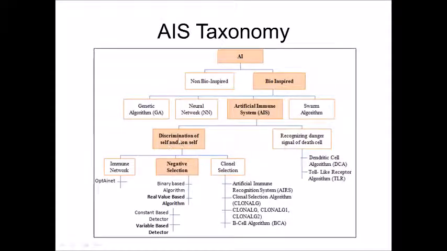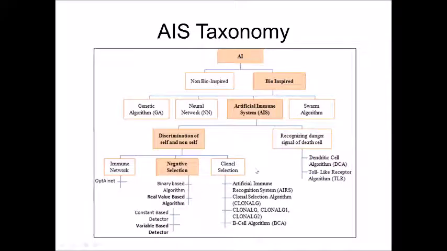Under this kind of paradigm, there are three major algorithms that have been derived from how this mechanism functions. We have the immune network, we have the negative selection algorithm, and we have the clonal selection algorithm. These are the available algorithms.